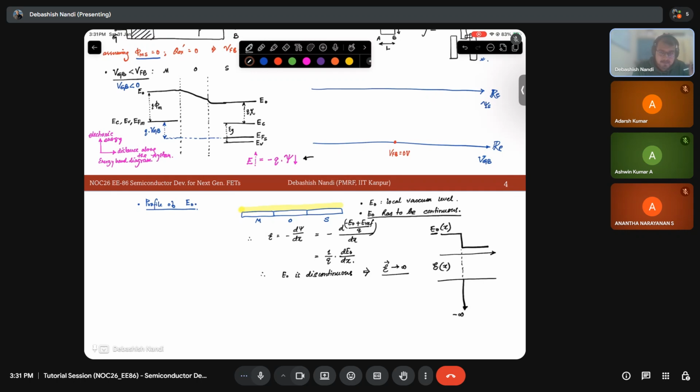Okay, I'll come to how this structure came into place. It will be something like this, E0. So in this case E0 is continuous. Okay, that means left hand side limit and right hand side limit are same. In this case it is not.